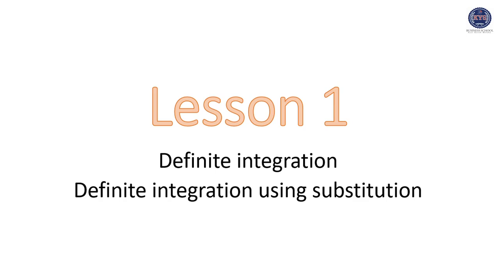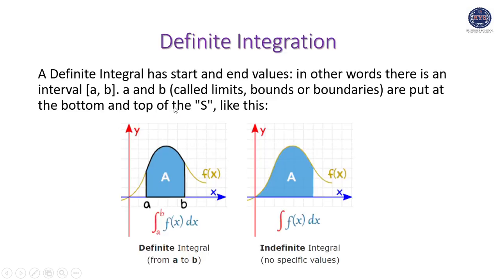When we talk about definite, I believe you understand, we have two types, whether you have a definite or indefinite integral. What we discussed in week number 7 is actually for indefinite integrals, where there is no specific limit to define. Compared to definite integration, where there is a limit, or we call them boundaries.